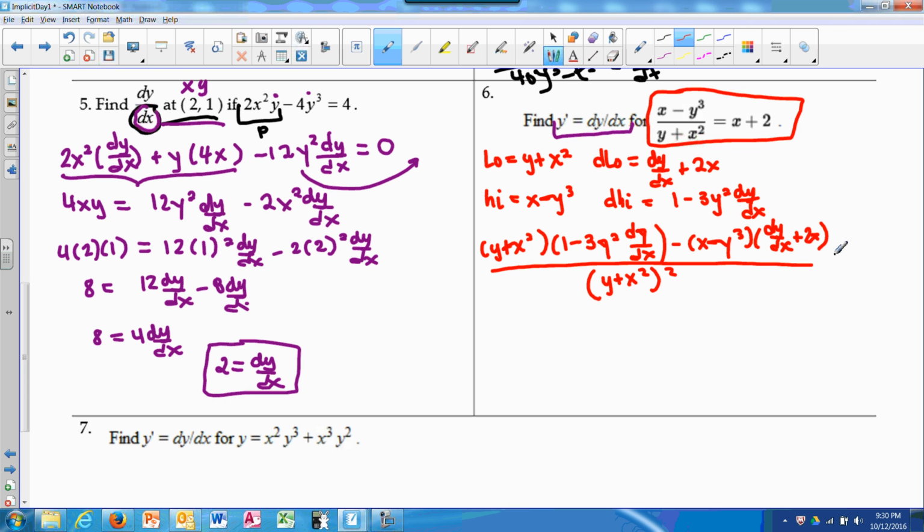Whew, that seems like a lot, but we're not even quite done. We still have to do the derivative of the right-hand side of this entire equation, which is just 1, thankfully.